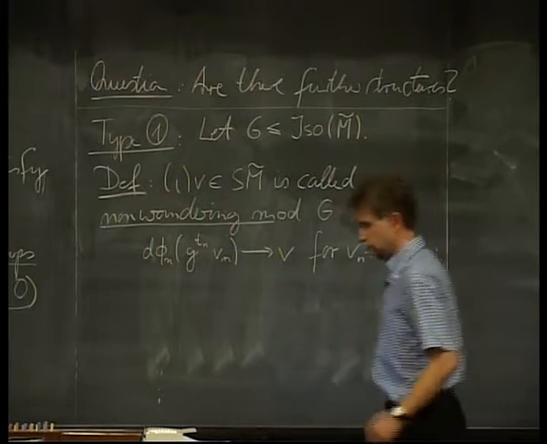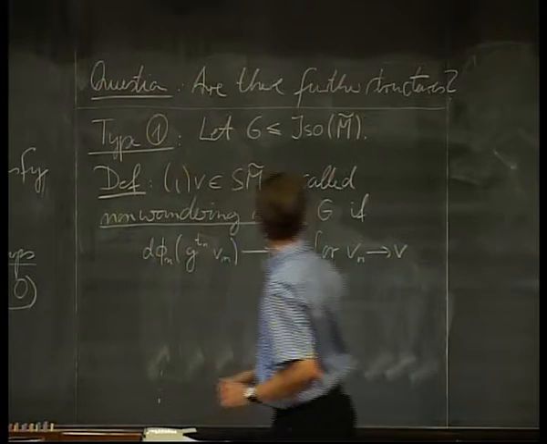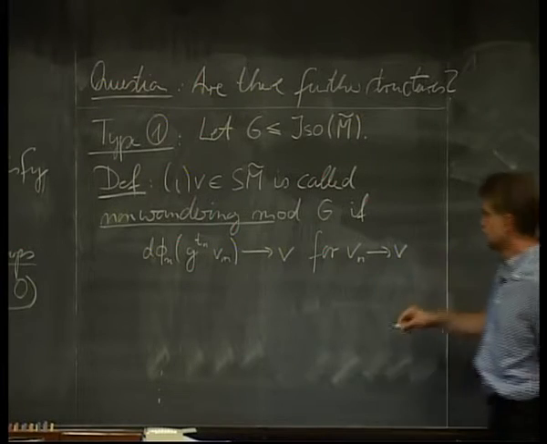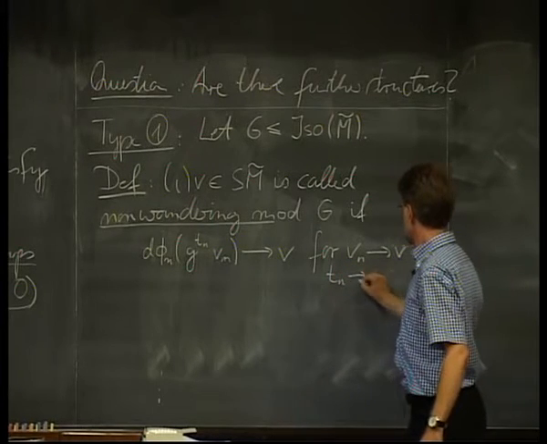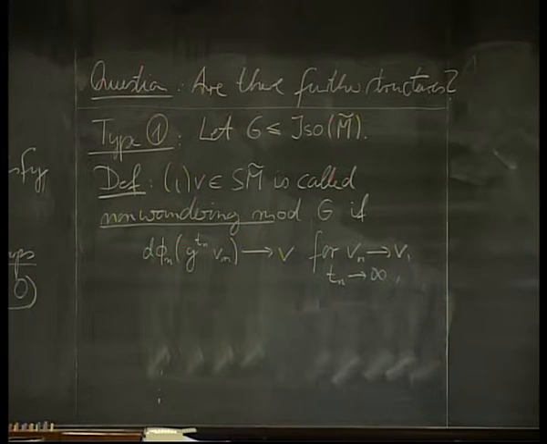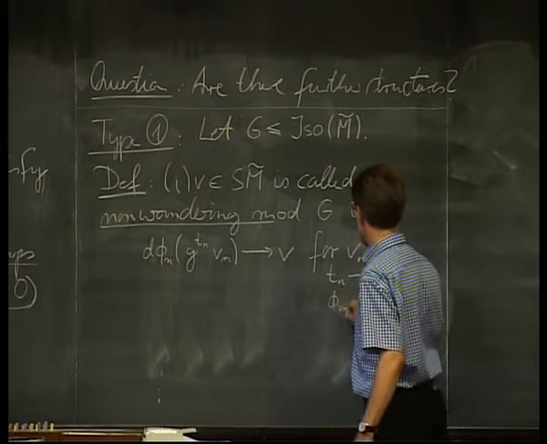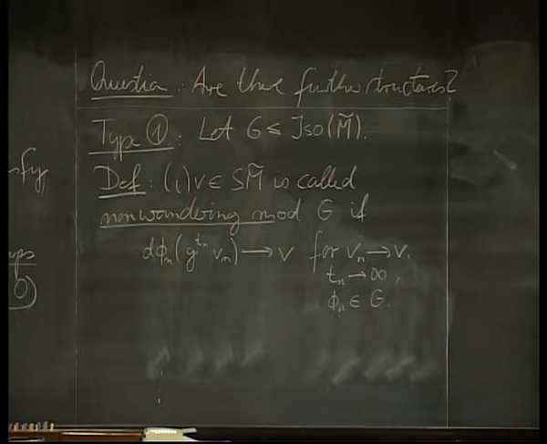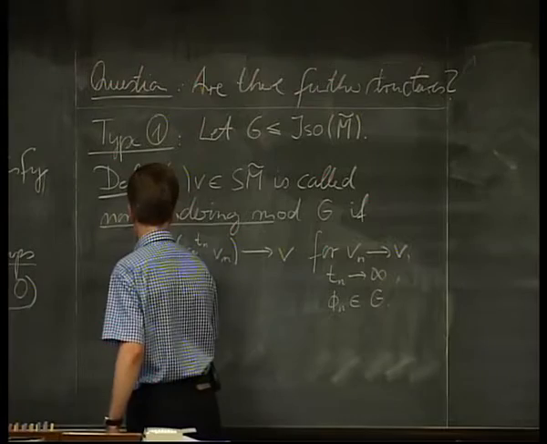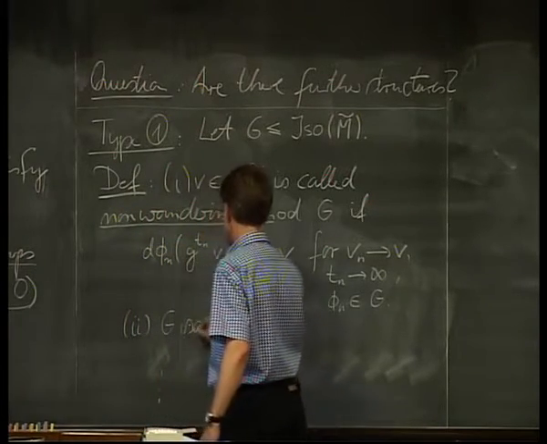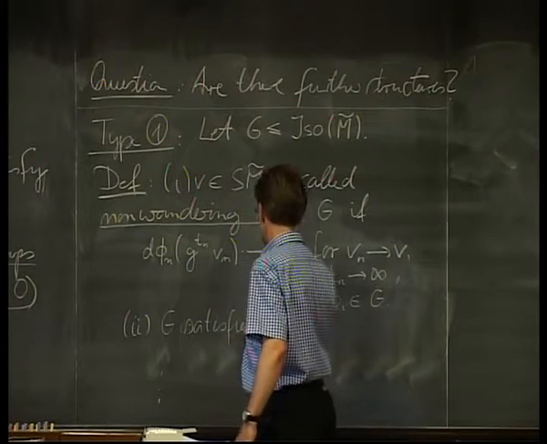So for that purpose, we would need to take a sequence of tangent vectors convergent to V, some times Tn tending towards infinity, and suitable phi n's in the isometry group, so in our group G. And if this property is satisfied by every vector, then G is said to satisfy the duality condition.